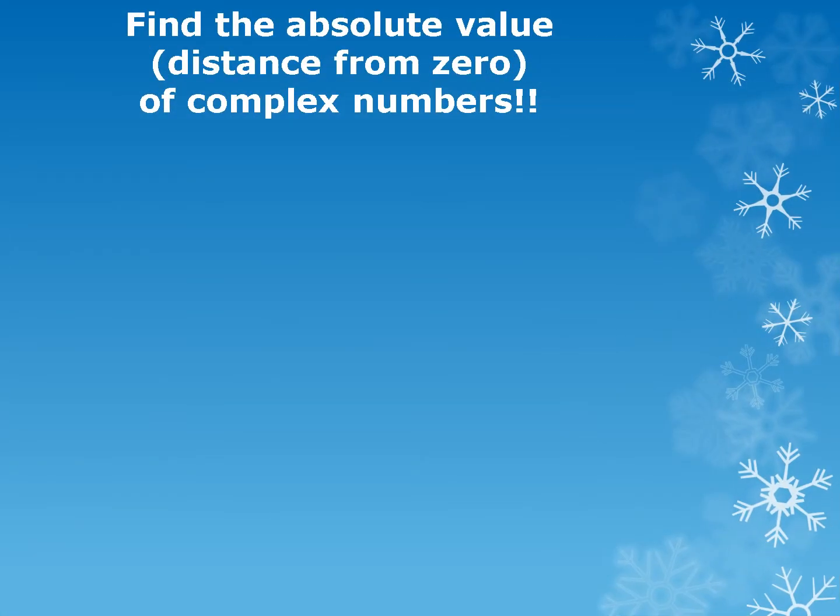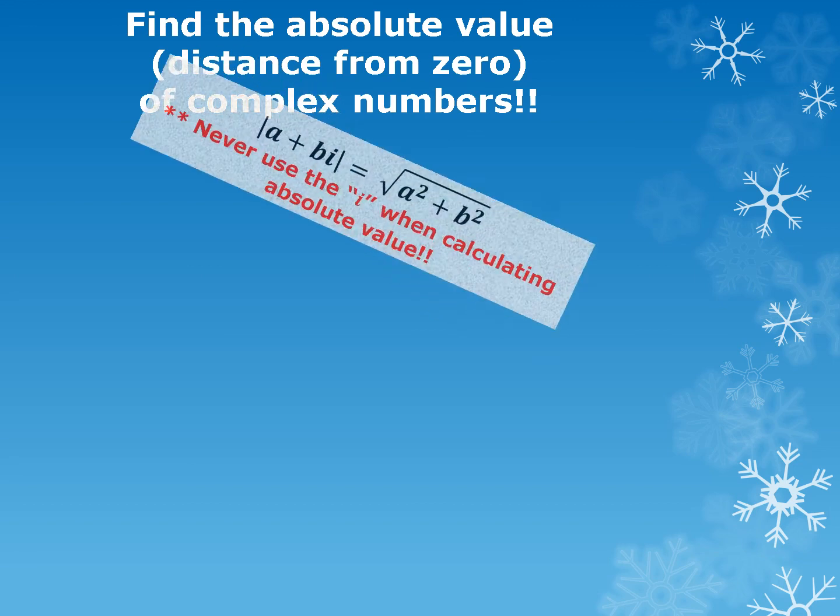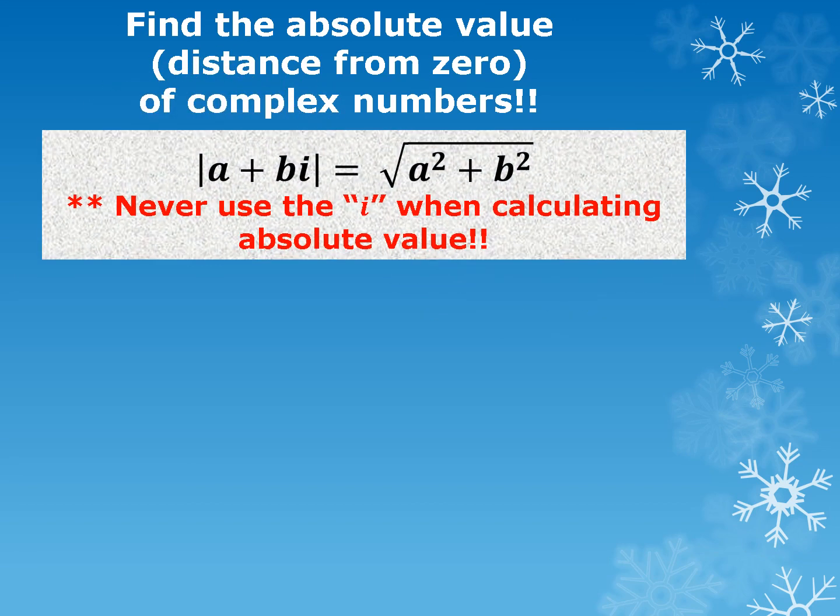Now, let's talk about finding the absolute value of complex numbers. Now remember, the absolute value is the distance from 0. So this is going to be the formula that we use. The absolute value of a plus bi is equal to the square root of a squared plus b squared. Here's something that's really important that I want to draw your attention to.